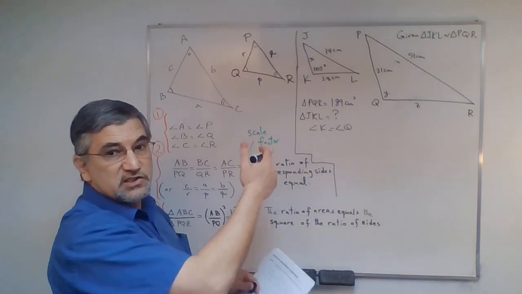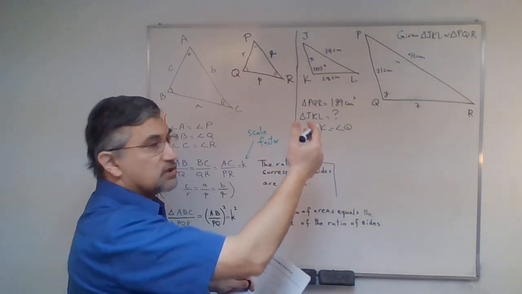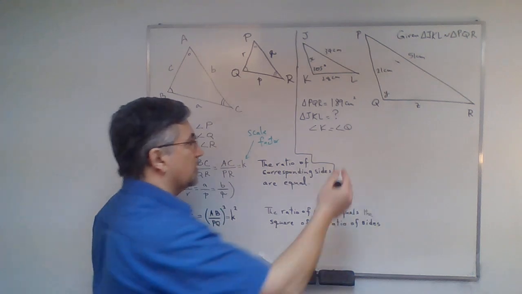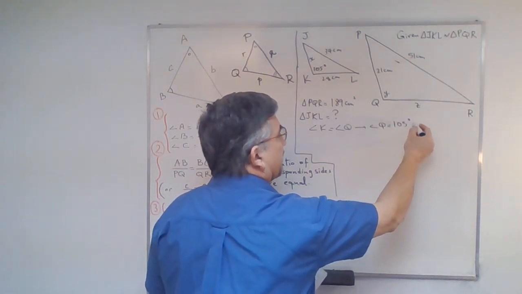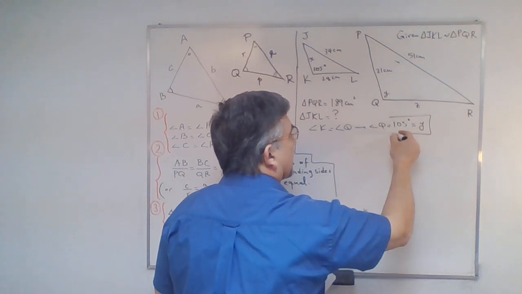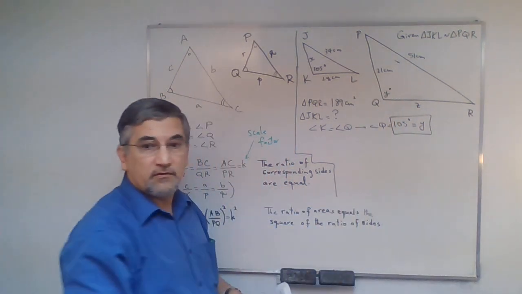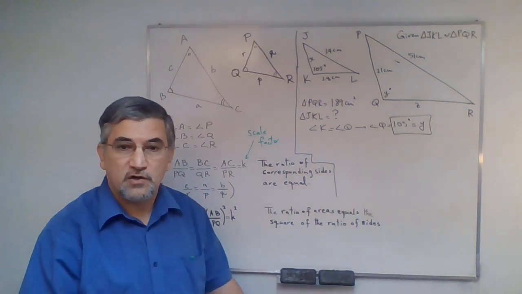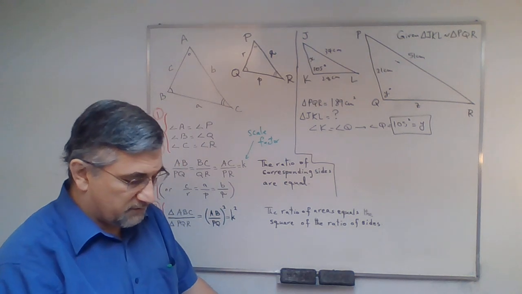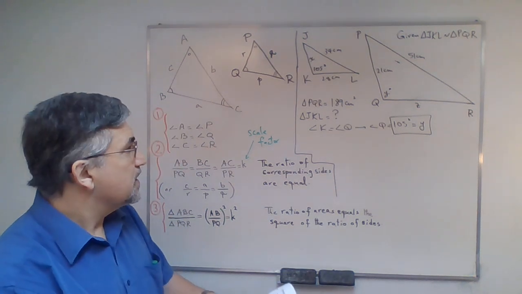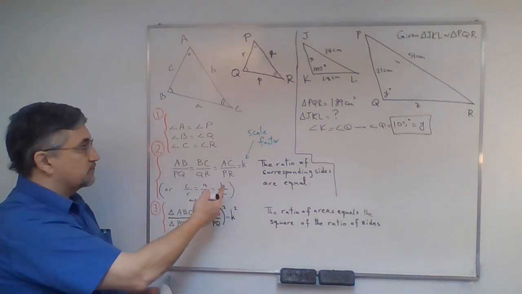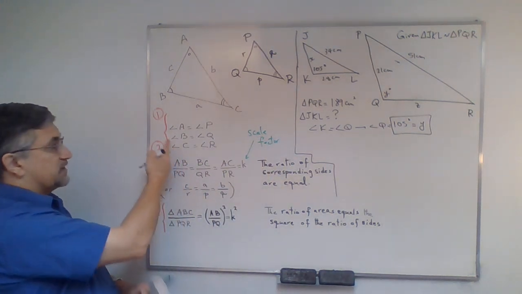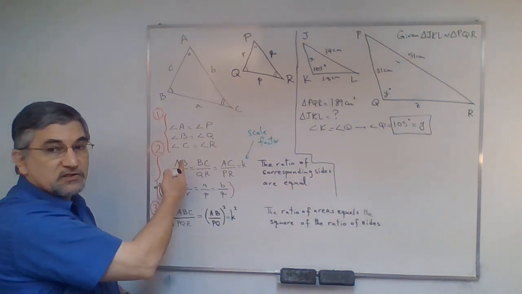Now, because angle K is given to be 105, therefore angle Q must be 105 as well. So I'm going to say, therefore, angle Q is also 105 degrees. And that means that the measure of angle Y in degrees must be 105 degrees. That was a very easy calculation. So that was property number one: the corresponding angles are equal.